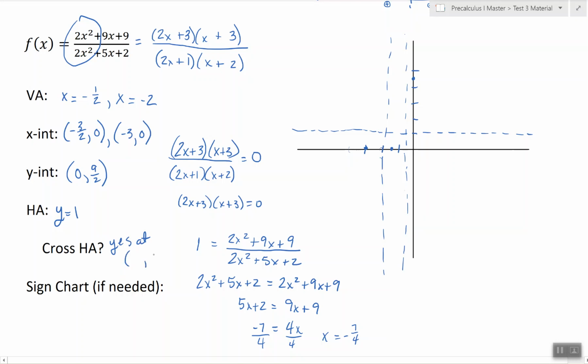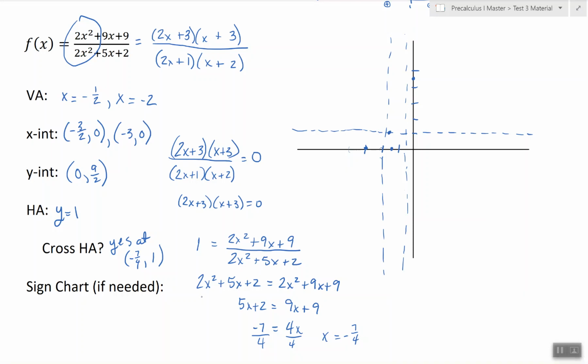And think about this. You let the y equal 1 and you got -7/4 for the x that goes with that y value. So that is your point. Let's go ahead and draw that. (-7/4, 1). So we're crossing the horizontal asymptote at that point.